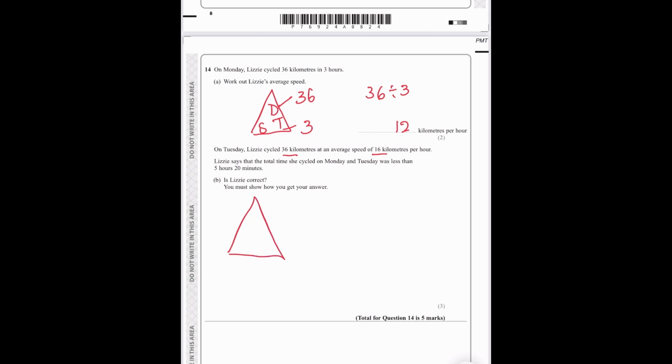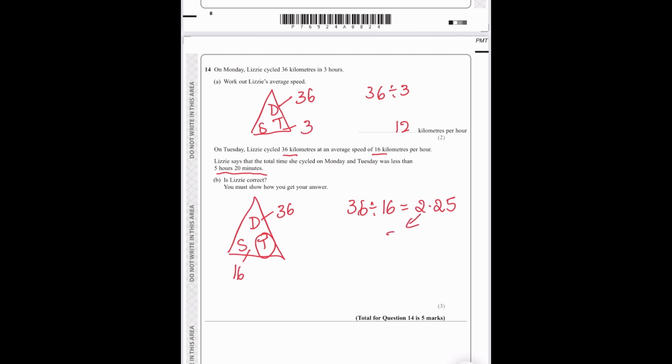So let's do another speed, distance, time. This time she cycled 36 kilometres and her speed is 16. Lizzie says the total time she cycled was less than 5 hours 20. So to find the time, it's going to be 36 divided by 16, which gives me 2.25.